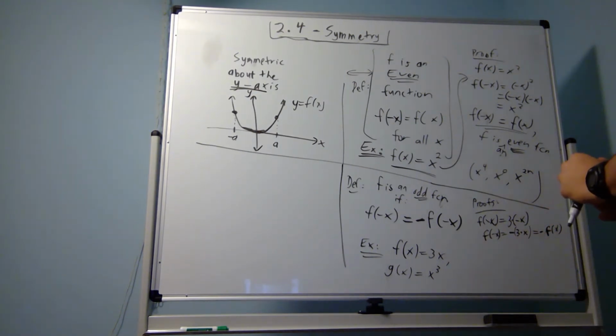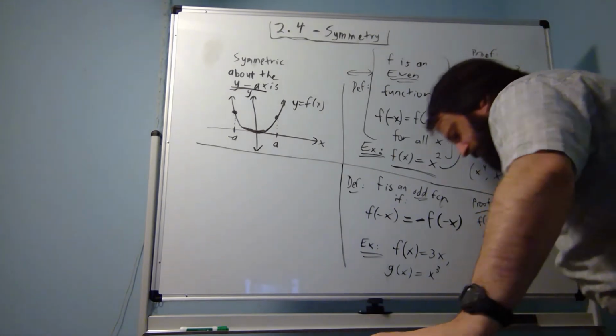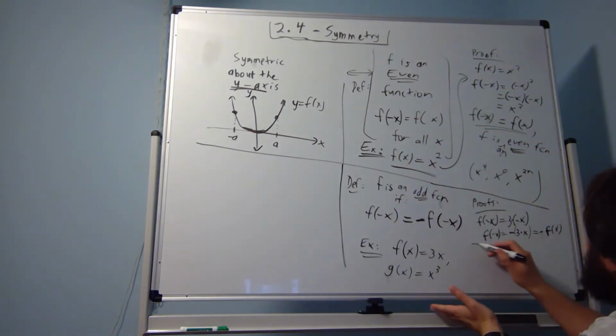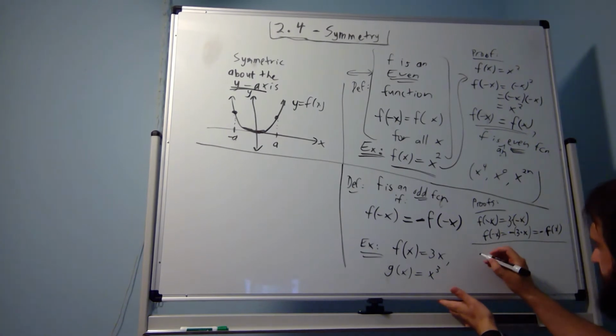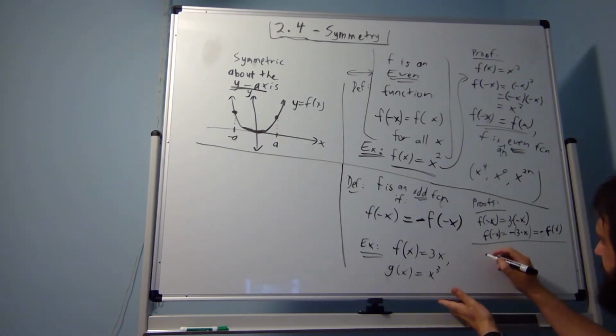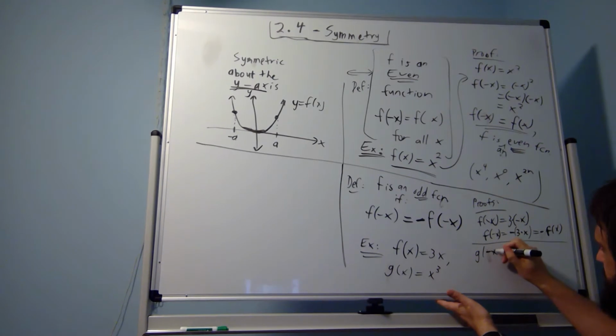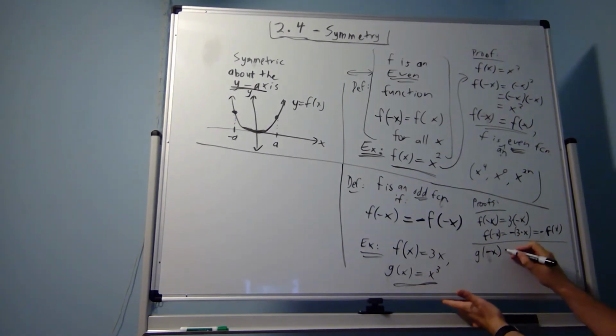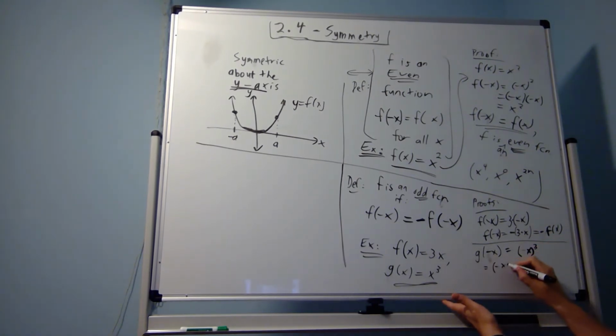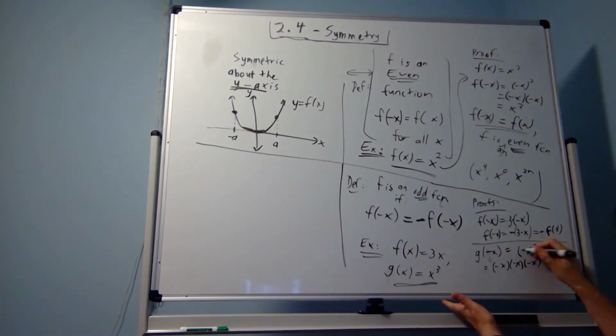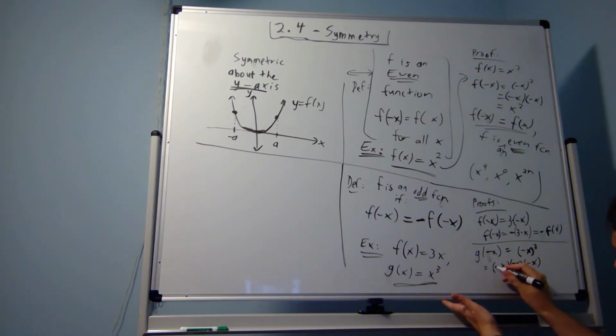So that's what happens when you have an even function or odd function. Most functions are not like this. It's very special, but let's do it for g of x. So g of minus x is minus x cubed, and the more comfortable you get with this, once you understand the pattern, how many negatives are there?